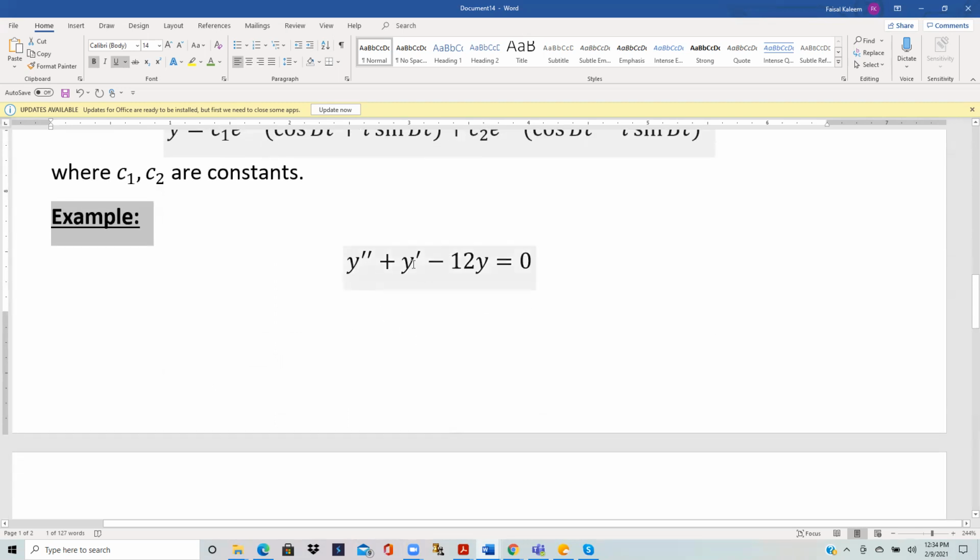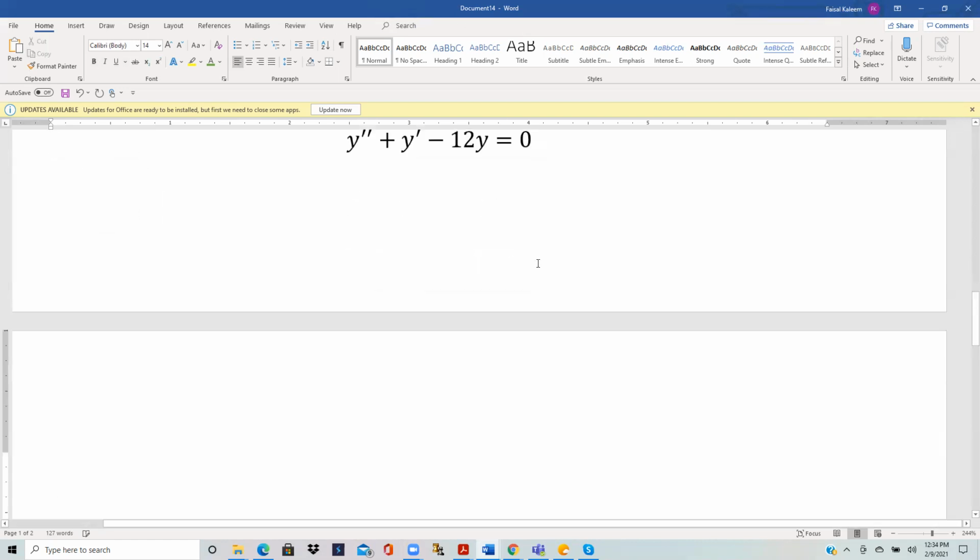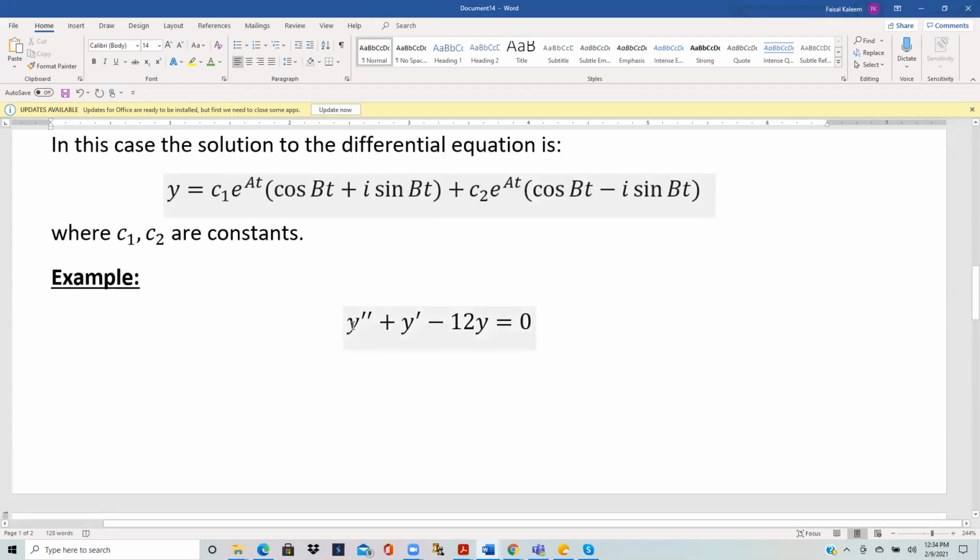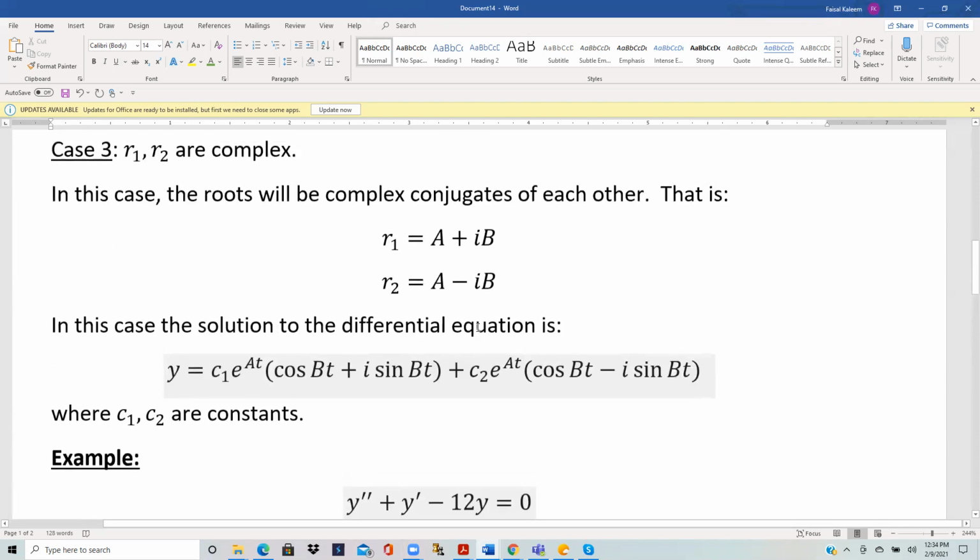y double prime plus y prime minus 12y is equal to 0. And so the solution will be, remember, we first write the auxiliary equation. We write r square here, r here, and nothing here.